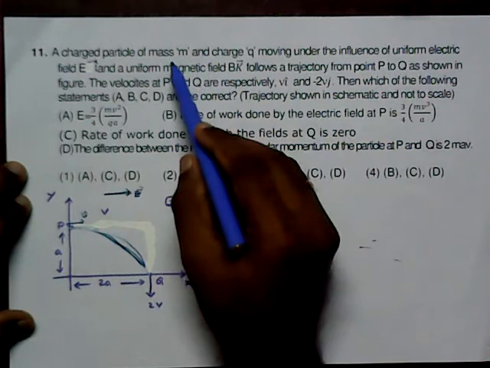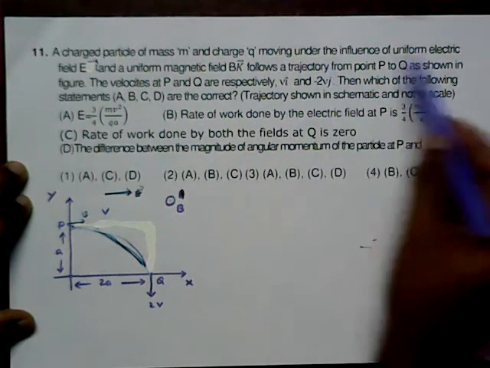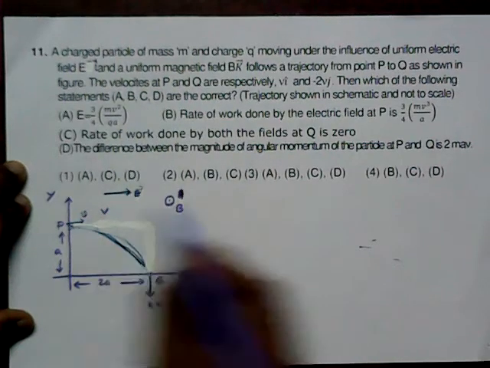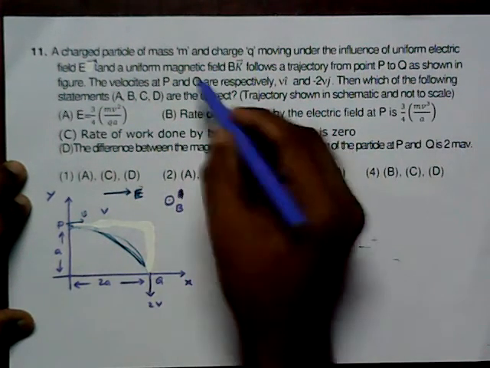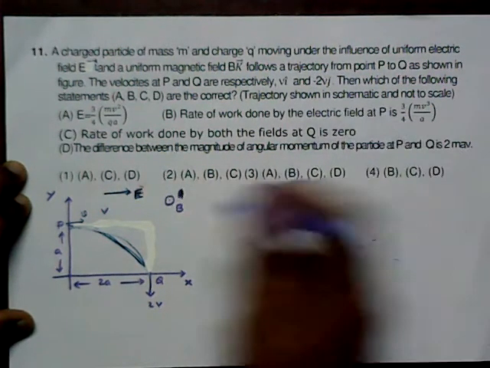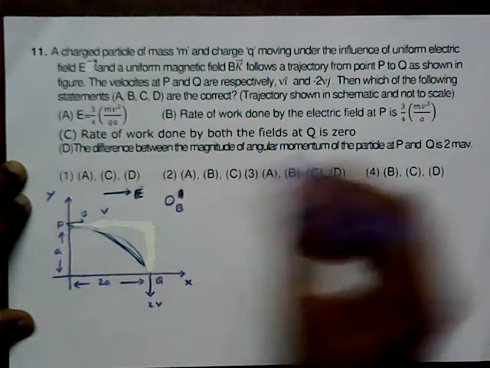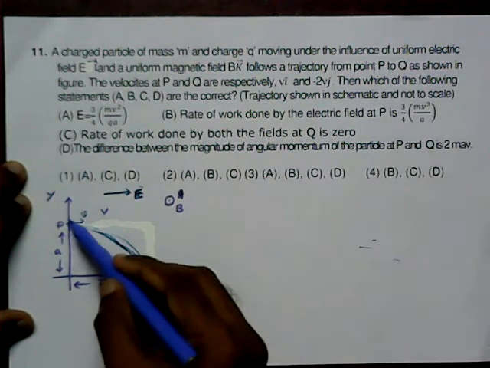A charged particle of mass m and charge q moving under the influence of the electric field E along the i direction, and a uniform magnetic field B in the k direction, that means vertically upward, follows a trajectory from P to Q as shown in the figure.